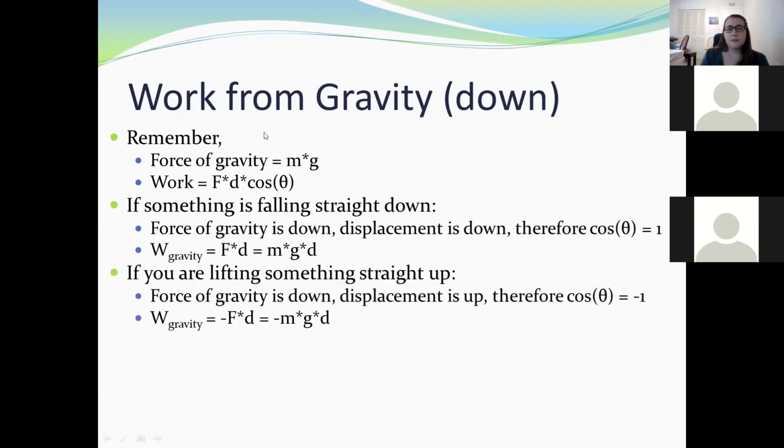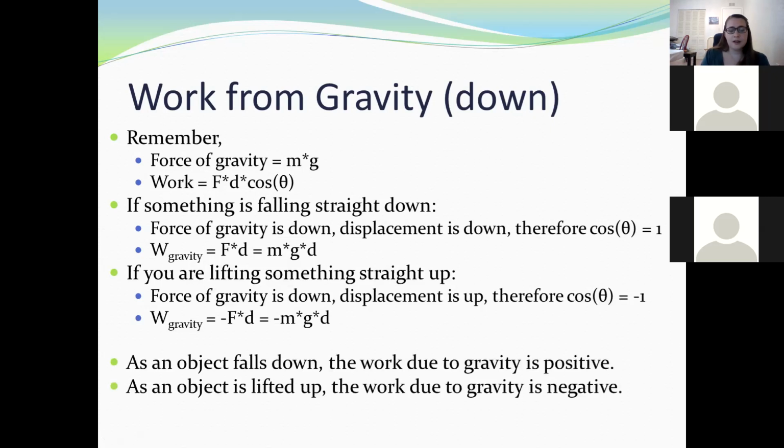If you're lifting something straight up, the force of gravity is still down, but now your displacement is up. And that's a 180-degree difference between the force and the direction of motion. So the cosine of 180 degrees is -1, which means in that case, the work done by gravity is negative F times displacement, or negative mass times g times displacement.